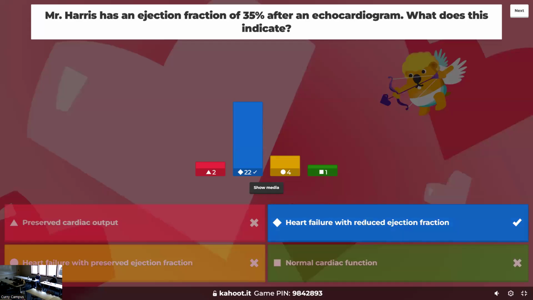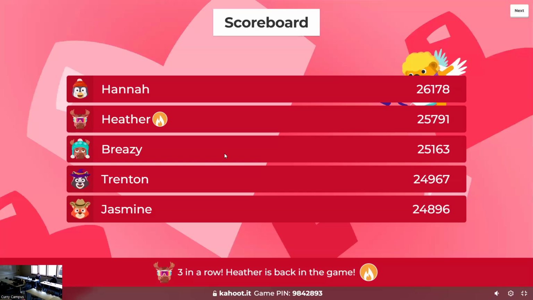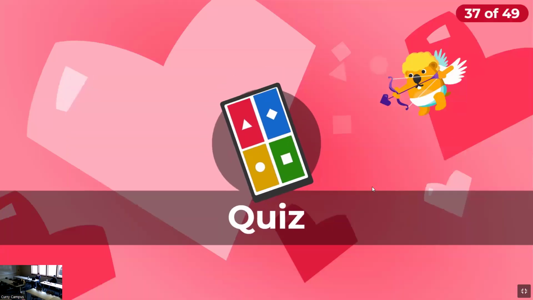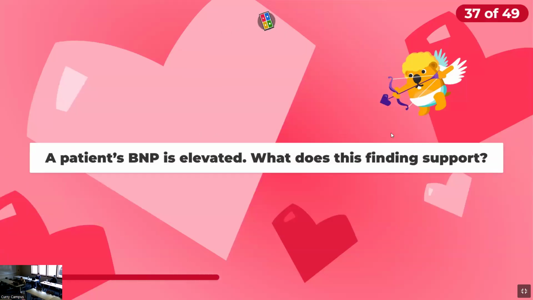And almost everybody got that one. Good. Heart failure with reduced ejection fraction. And I don't recall what the book says, but the normal I've seen is usually 70 to 80%. Okay. We might be able to get through all this.